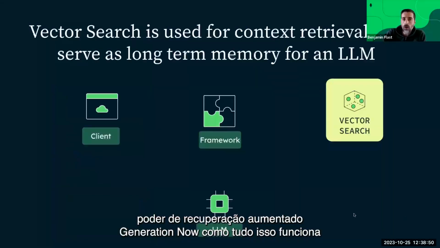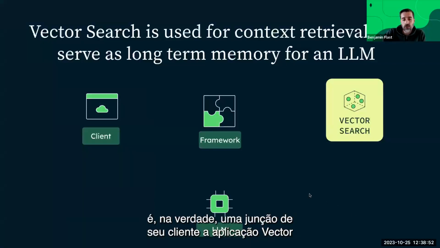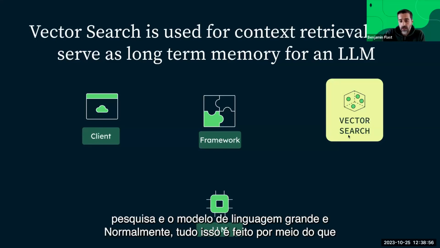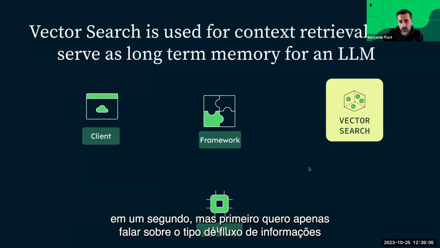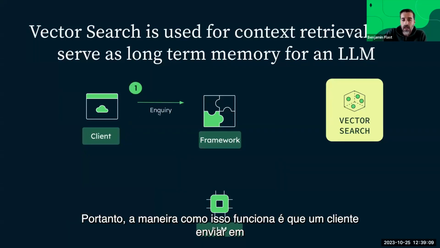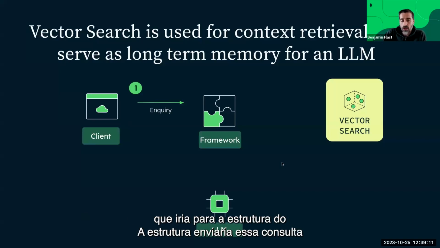Now, how all of this works together is by stringing together your client application, vector search, and the large language model. Typically, this is all done through what is often referred to as an LLM app framework. I'll talk about those in a second, but first I want to talk about the information flow. A client would submit an inquiry, which would go to the framework.